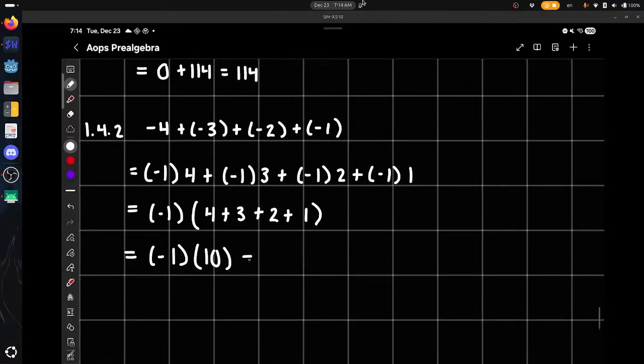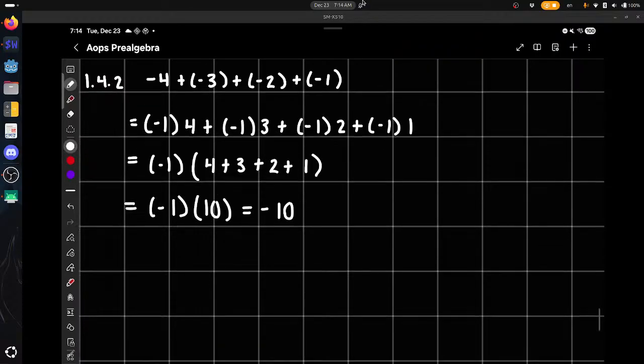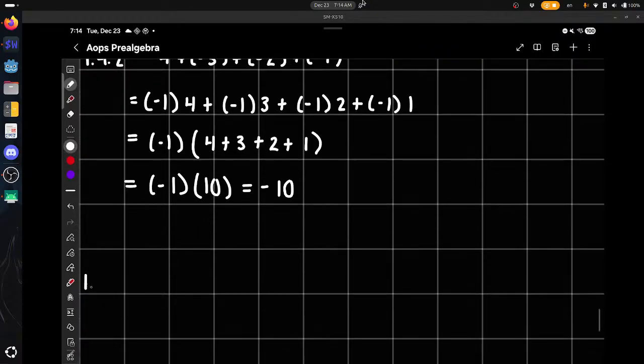Boom. We're left with -10, because now when we, I think it was this, we're left with this. Same thing. Okay, now we can move on to the next problem.